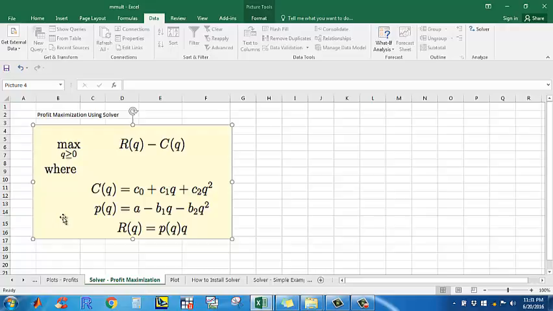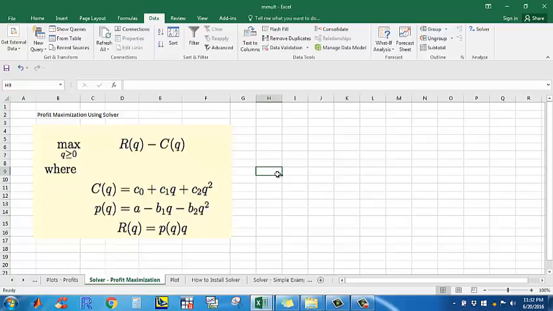The demand curve is given by A minus B1Q minus B2Q square, where again A, B1 and B2 are fixed parameters. Total revenue clearly is price into quantity, and total profits is total revenue minus total cost. And the firm is interested to identify what level of Q for these fixed parameter values maximizes its profits.